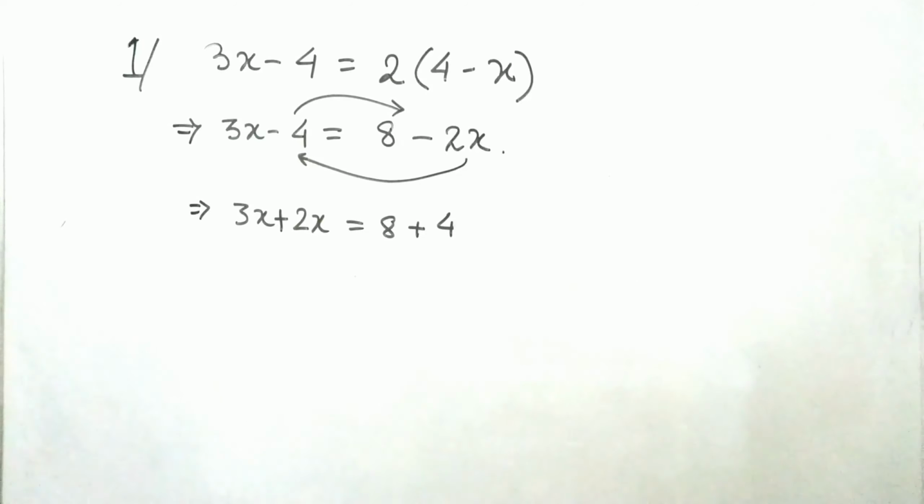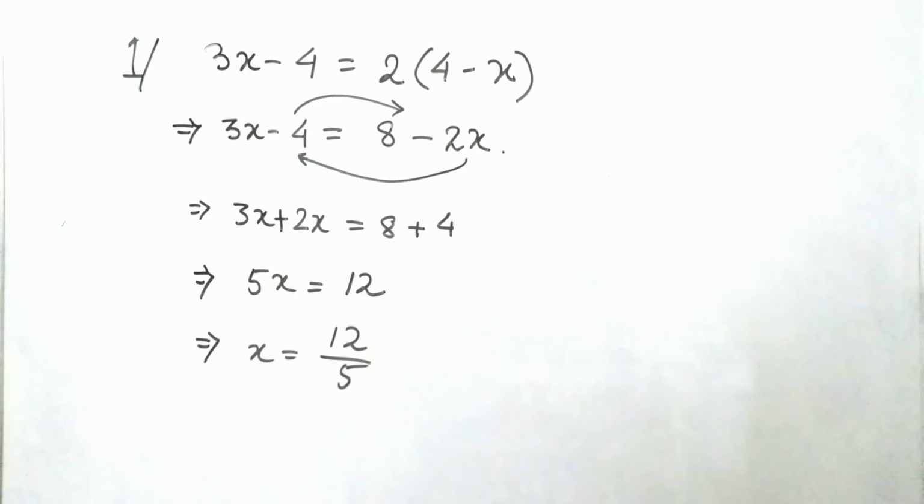In this line, we have just transferred this minus 2x from the right hand side to the left hand side, and for that this negative sign has become positive, and similarly this minus 4 which was on the left hand side has been transferred to the right hand side and it has become a plus 4. So obviously 3x plus 2x is equal to 5x, and on the right hand side 8 plus 4 is equal to 12.